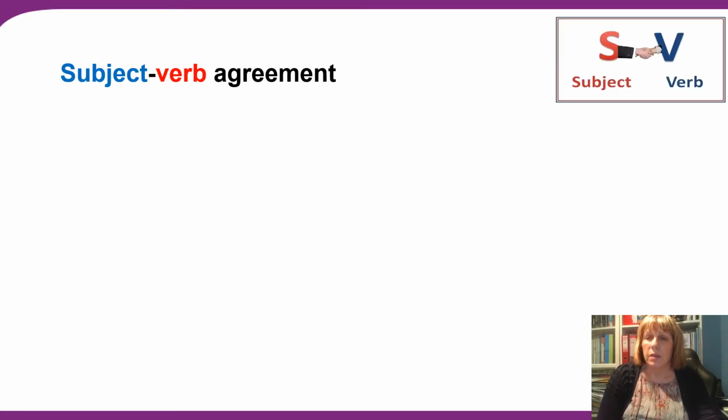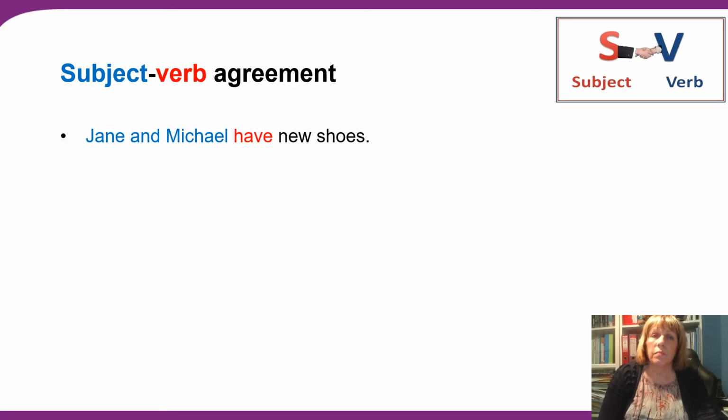Subject-verb agreement. We find that many sentences don't have the correct agreement. Now you might be writing for GCSE, but you also need to make sure that you get accurate sentences. You write accurate sentences and you really understand subject-verb agreement so that your sentences are grammatically correct.